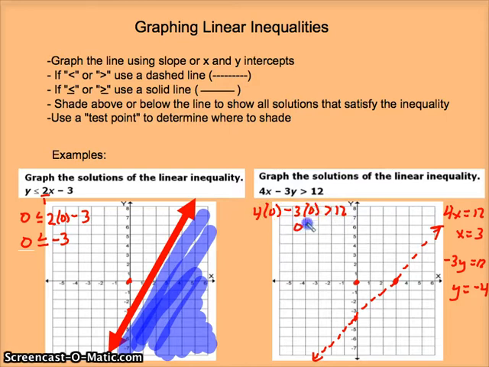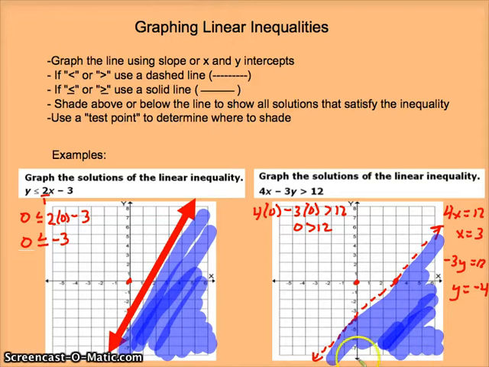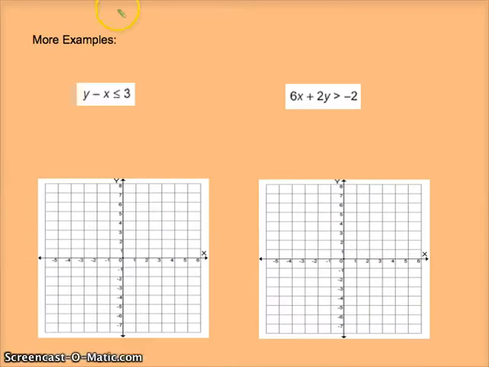So 0 is greater than 12. That is not a true statement, so I will shade on the opposite side of 0, 0. There we have it. Now, this dashed line means that points that lie on the line are not included in the solution set. All right, let's look at a couple more examples.